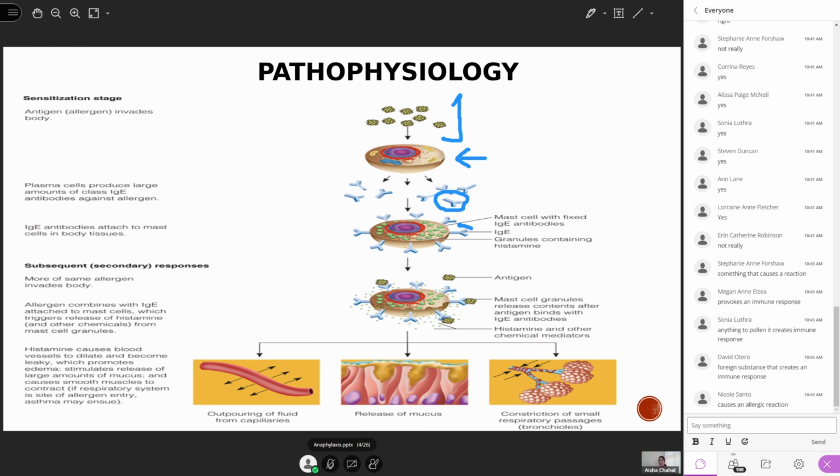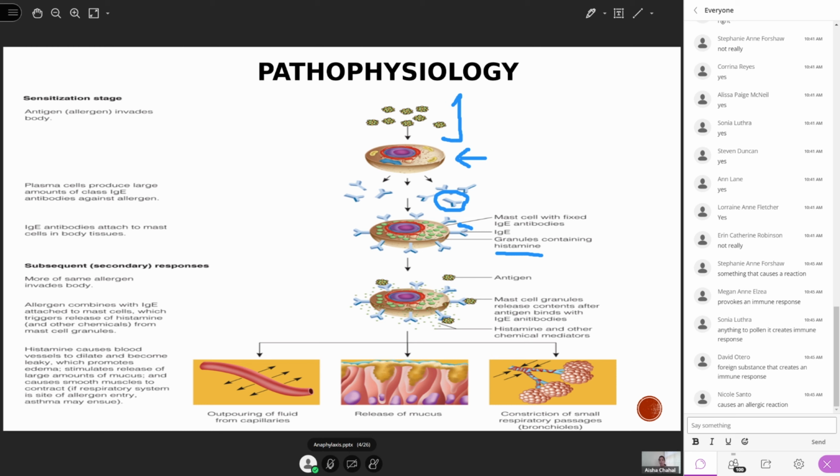And what happens is, because of the formation of antibodies, histamine is released. And this you really have to remember from this lecture, that histamine is the main chemical secreted from our cells in response to the allergen.